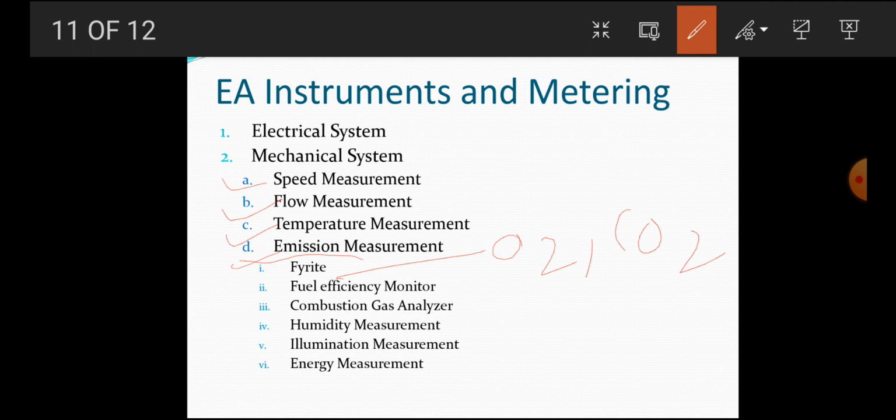In this, a hand bellow pump draws flue gases into the solution. Chemical reactions change the liquid volume, which reveals the amount of gas in percentage.